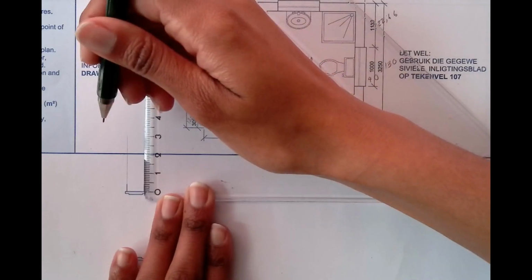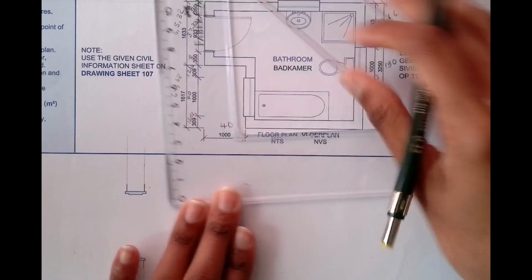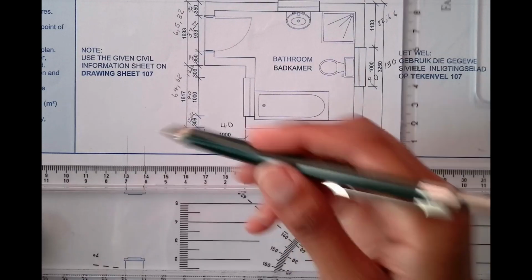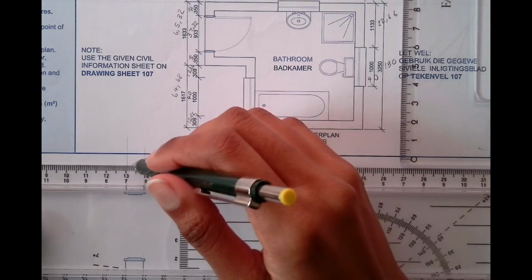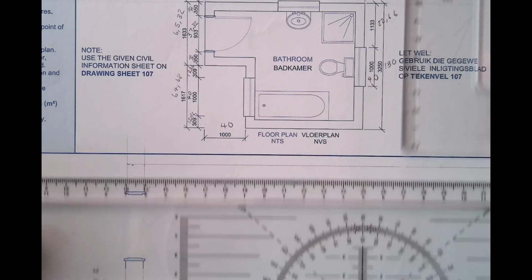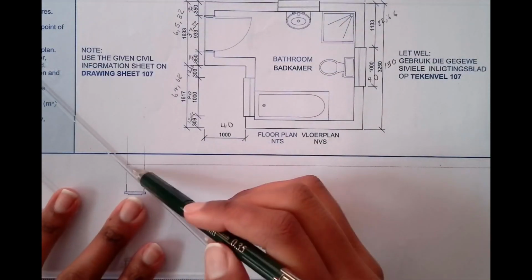You measure 14, and this is your 14. But as you can see, that 14 is the outer part of the wall. To get the inner part, you will draw a 45-degree line.